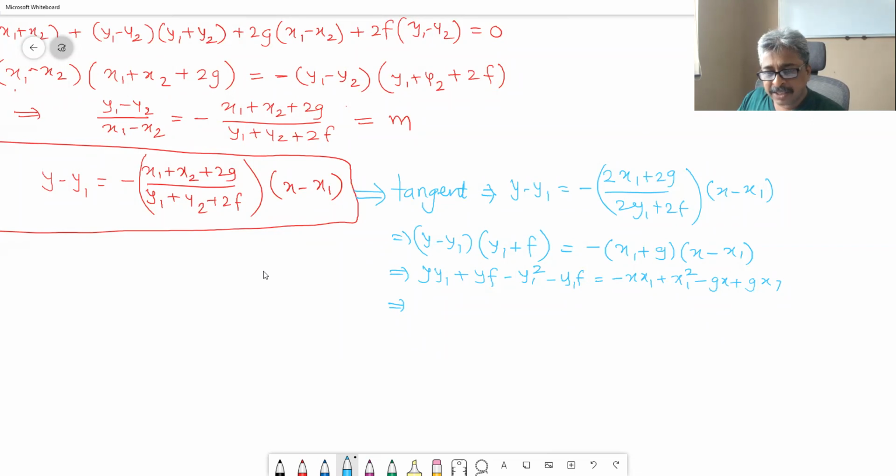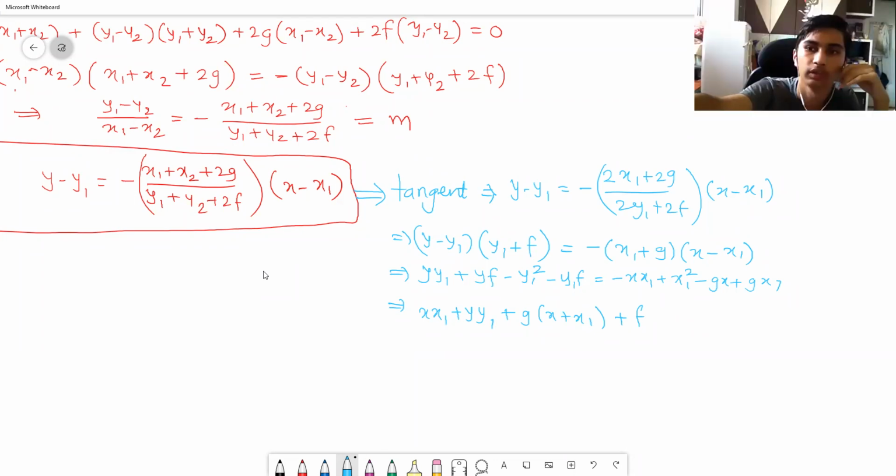If I take everything to LHS, I get xx1 plus yy1 plus gx plus g plus x1 x, sorry, plus g into x plus x1 plus f into. Have I written this correctly, everything minus x1 plus x1 square, g into x minus x1.